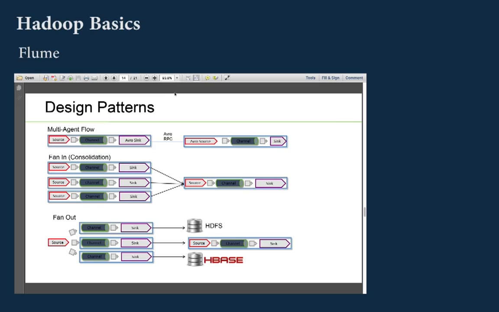In fan-in, data from multiple agents is directly coming to one agent. So it's like 3 flights starting and they all end up at the same airport. Fan out would be that data from a source goes to multiple destinations and in multiple directions. So these are 3 of the most common design patterns you would find: multi-agent flow, fan in, and fan out.